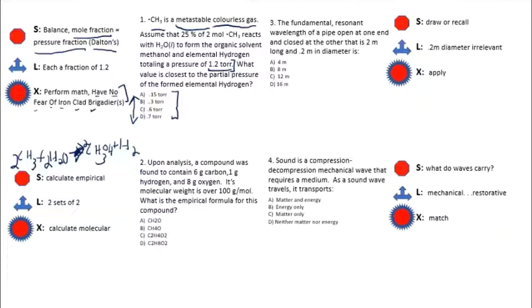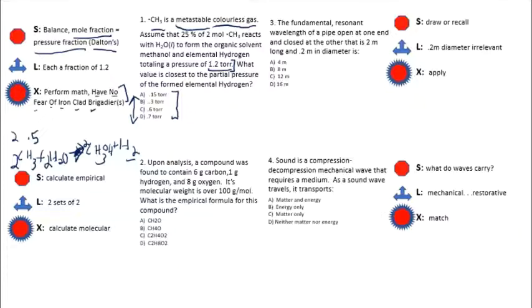From there, I want to calculate the amount of moles that would form of H2, and then from that, I can calculate the pressure fraction. So if I start with 2 moles here, and 25% of that reacts, that means that 0.5 reacts. And based on the balanced equation here, we should be able to form 1/2 the moles that we started with of CH3 into elemental hydrogen.